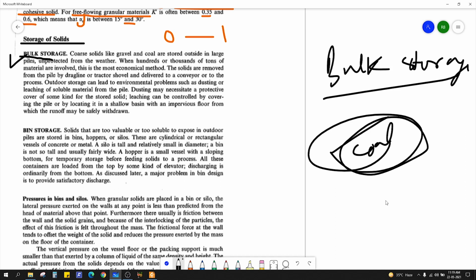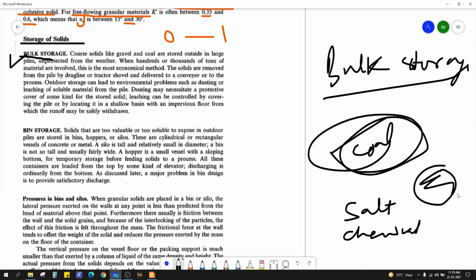Suppose you want to store salt or some powder chemical in the open. You cannot, because all of this will dissolve with water. But in case of coal, it is possible, right?